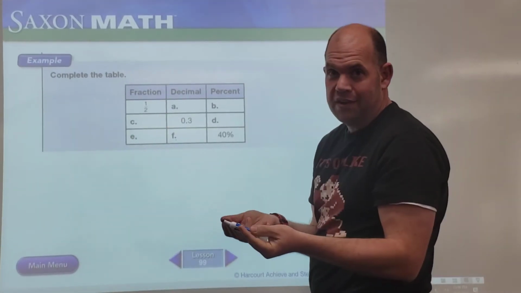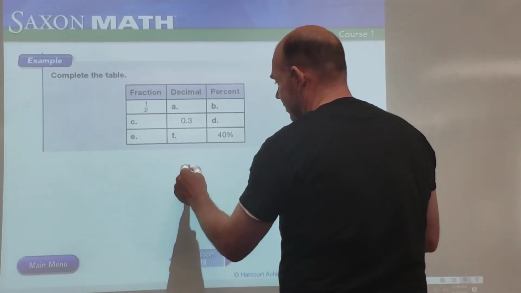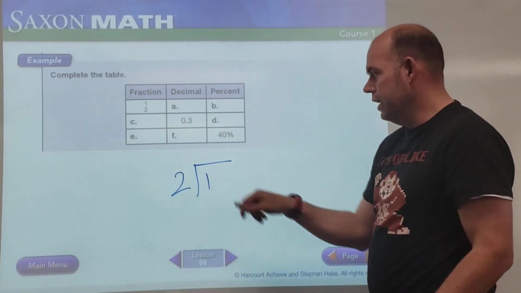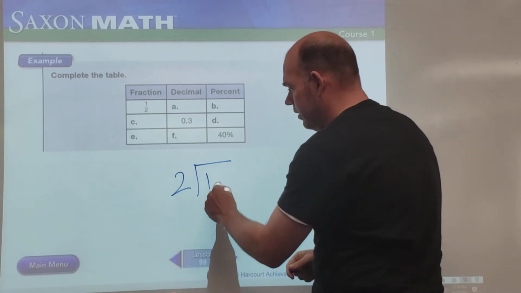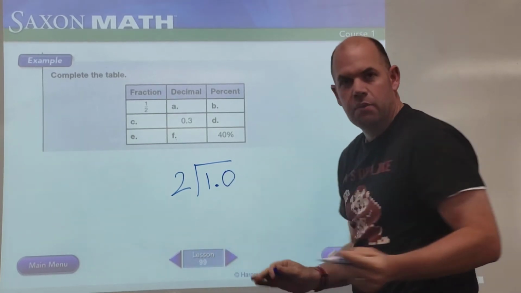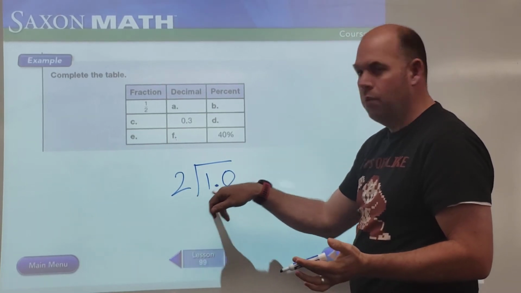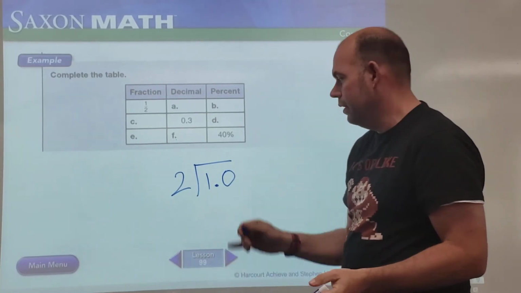Now remember, in a fraction, you take the top number and you put it in the box. So here we have 2 divided by 1. 2 can't go into 1 evenly, so we're going to just add 0.0. And we can do that. It doesn't change the number. 2 divided by 1.0 is the same thing as 2 divided by 1.